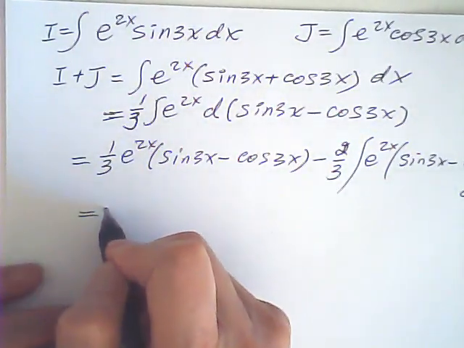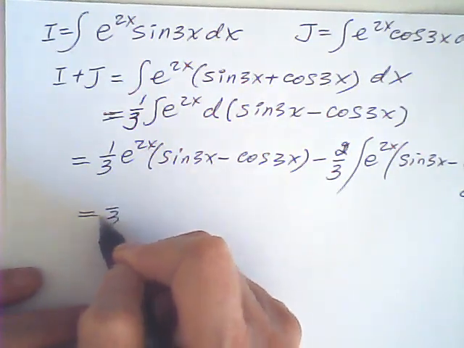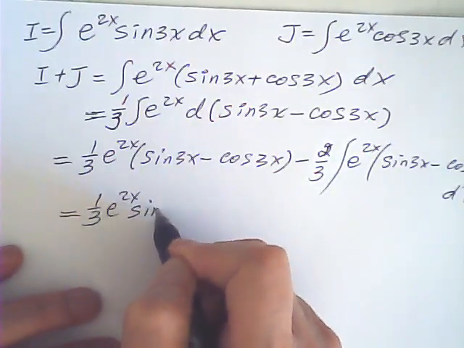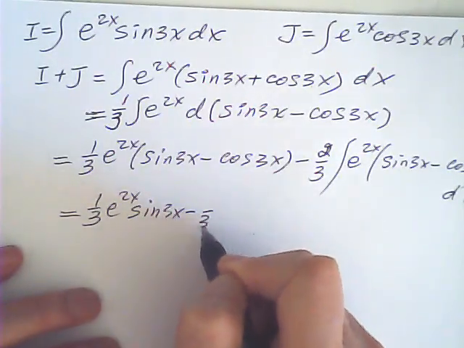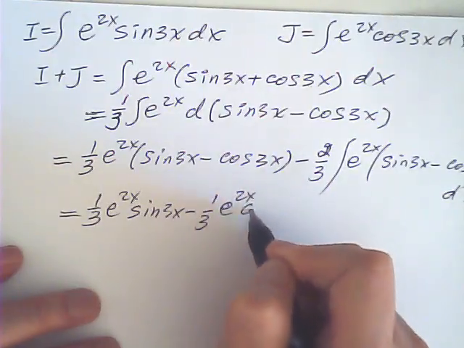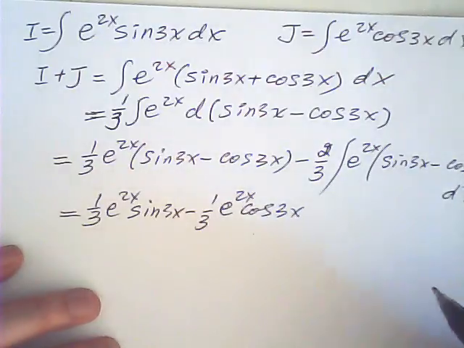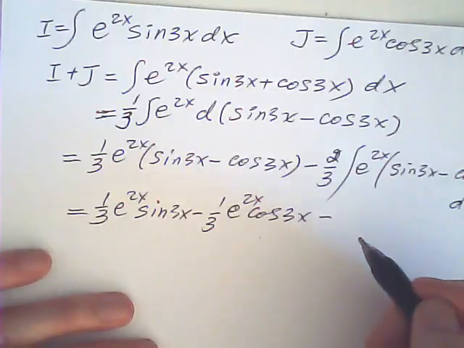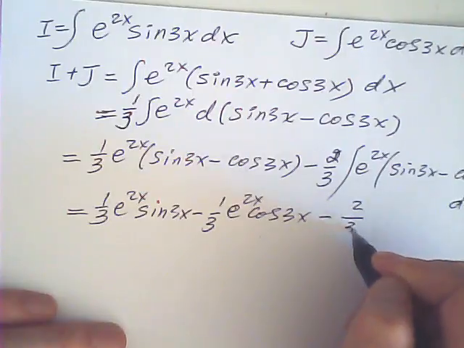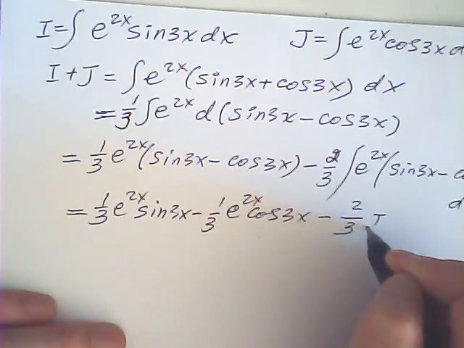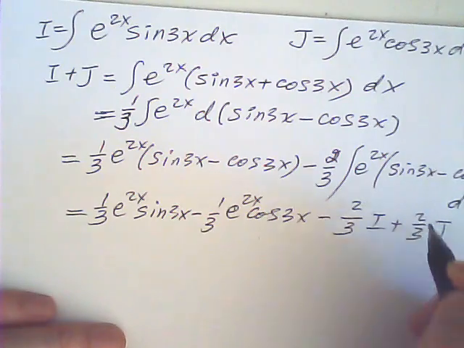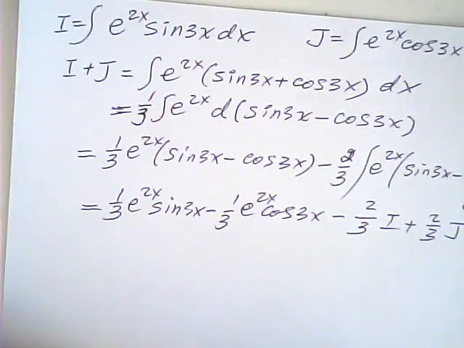So this one is equal to 1/3 e to the 2x sine 3x minus 1/3 e to the 2x cosine 3x minus, this time, 2/3 I plus 2/3 J. Yeah, good.